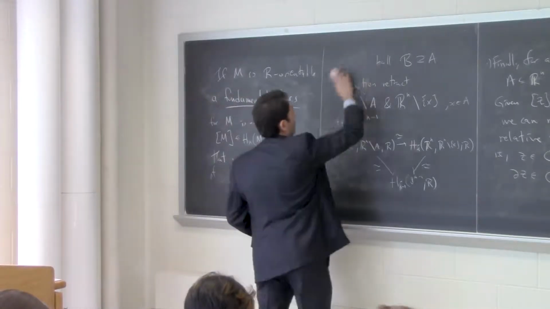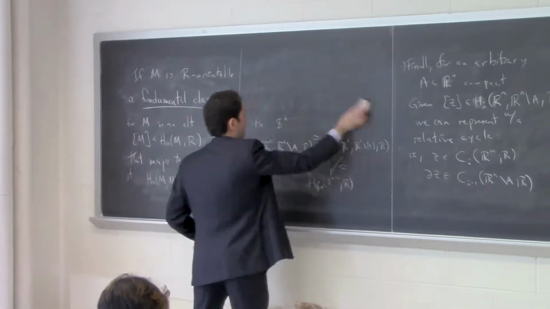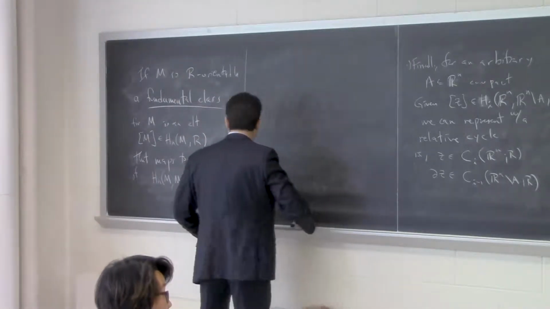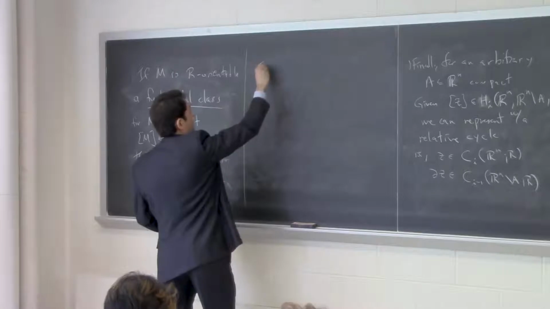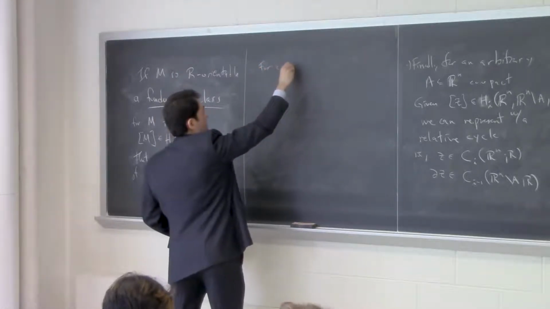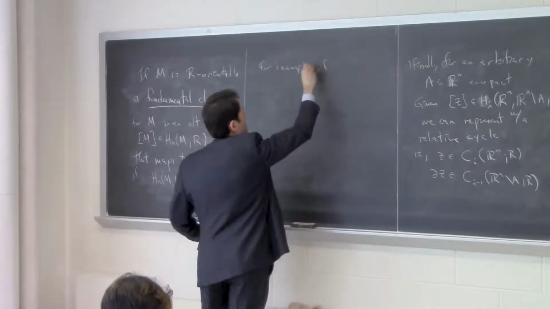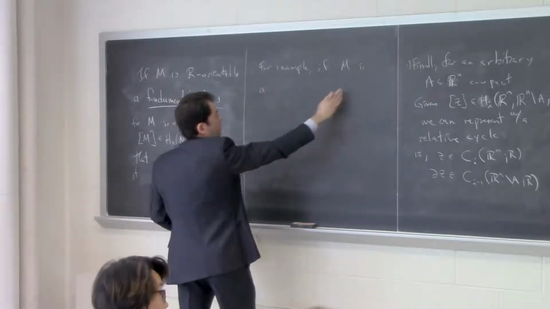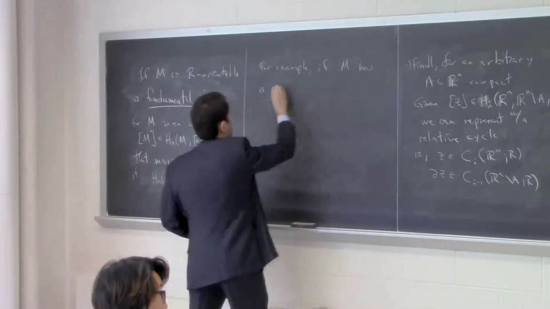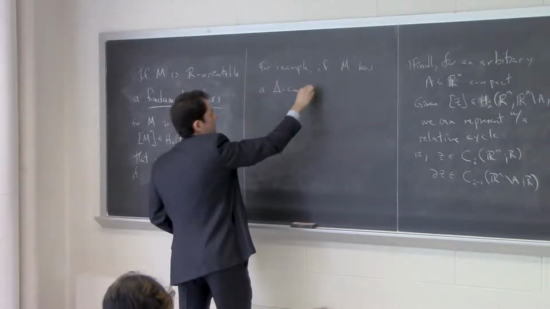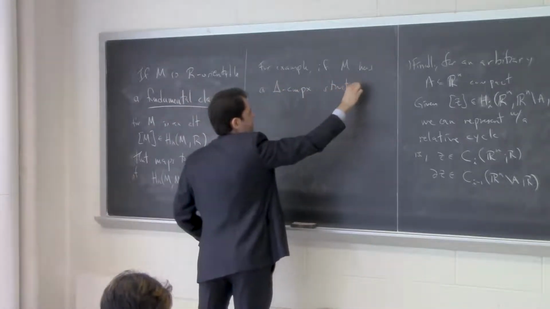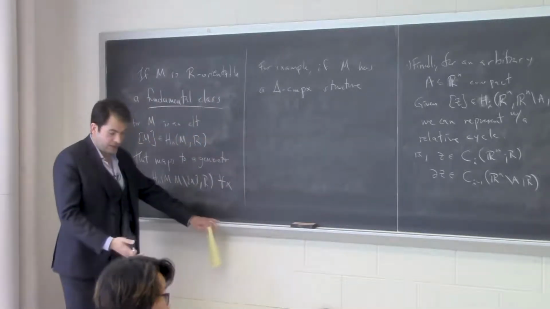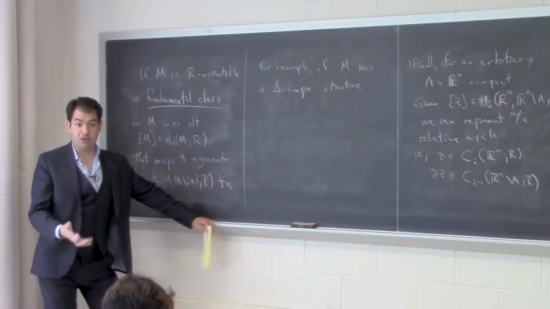You could ask for a representative when M is nice. So for example, if M is a delta complex or has a delta complex structure. Okay, so in this case, it would be exactly what you would expect from the picture, right?